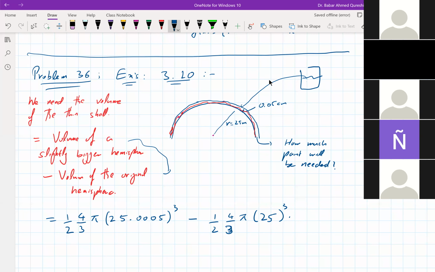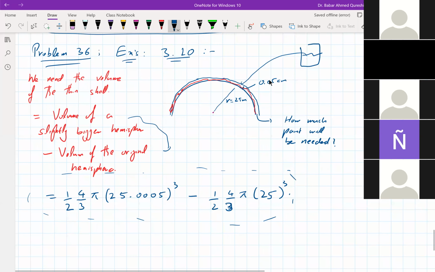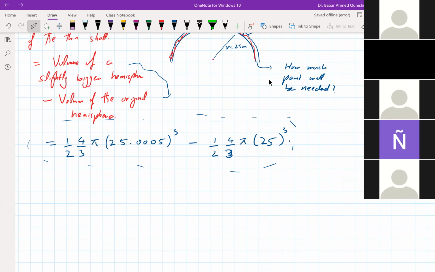But sometimes you are in a hurry and you don't need these exact numbers anyway. So you want to use the linear approximation, and that's what the book asks you to do: a linear approximation, using the notation of differentials. So I take this volume.